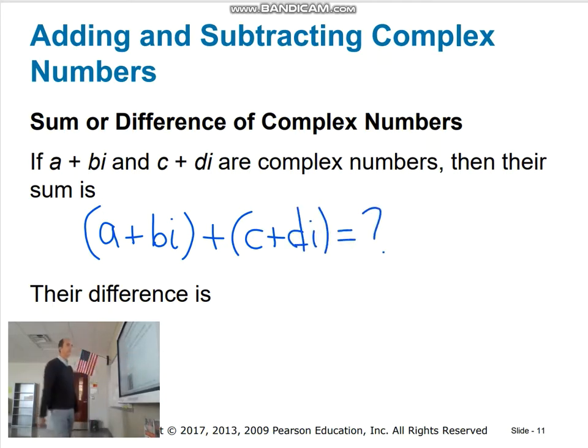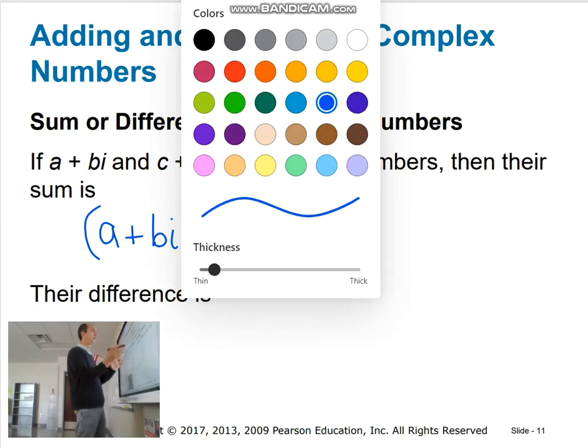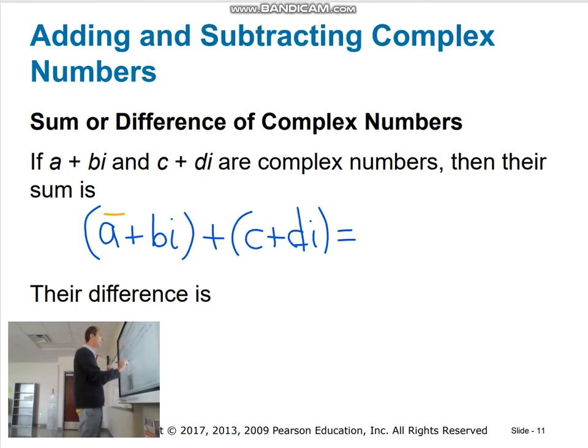How do you work this out? Well, you have to add the real numbers and add the imaginary numbers separately. That's how we work this out. The real numbers are the real part of the complex number.